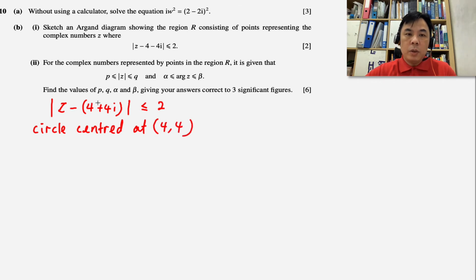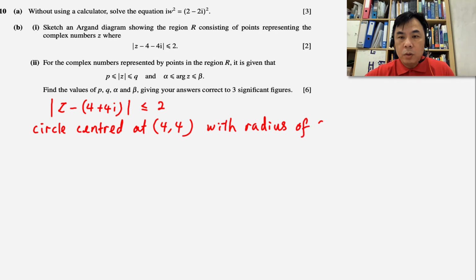You can see that once you factorize that, you will write the center as 4, 4 instead of writing negative 4, negative 4. Center at 4, 4 with radius of 2 units. But because this is an inequality, there must be a region that is found inside that circle there.